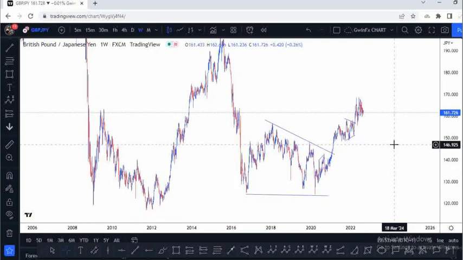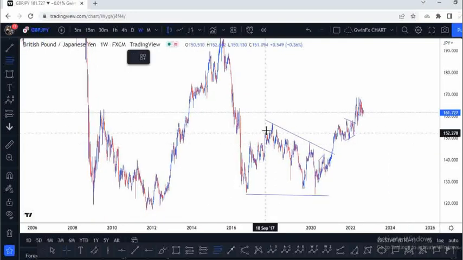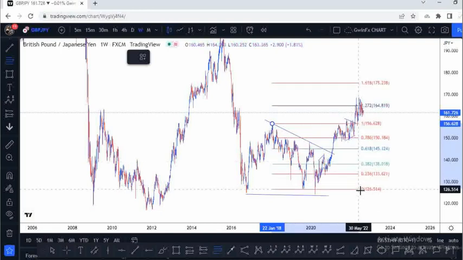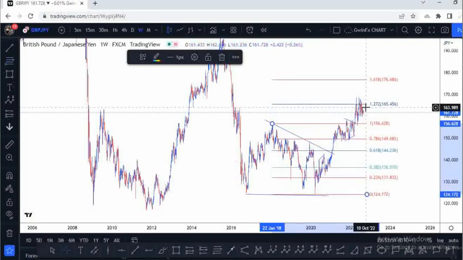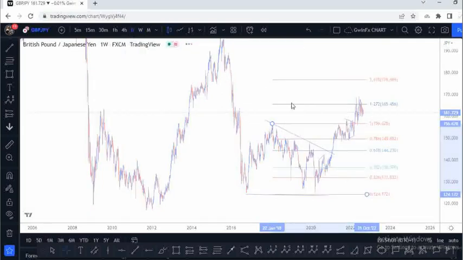One of the target areas we could look at for a rejection of a drop could be 127, and that was also triggered at 161.8. It's another level that we could look out for in order for price to hit. Okay, so let's go over to a daily time frame.